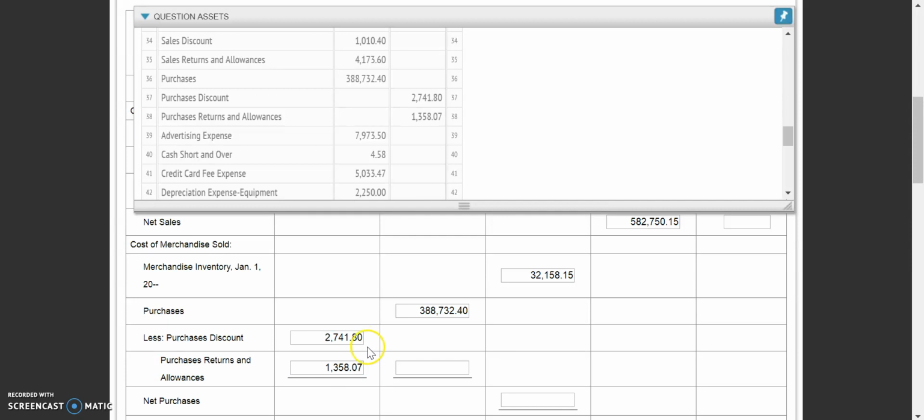And again, just like we did with our sales, we're going to add those two numbers together. And that ends up being $4,099.87. And then to get our net purchases, we take our purchases amount and subtract out any returns that we made, and we end up with $384,632.53.